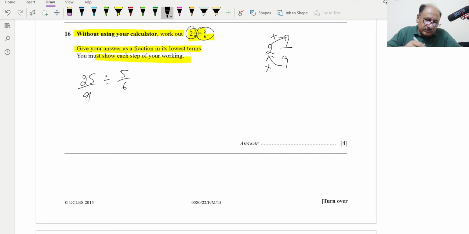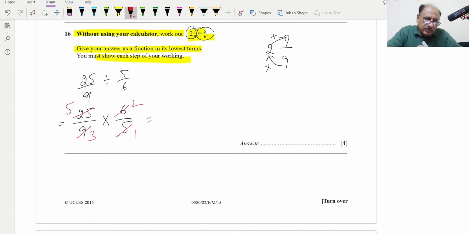And next what we can do, we can rewrite it as 25 over 9, and we will change into multiplication, and we'll write the reciprocal of 5 over 6, which is 6 over 5. And now we can cancel. For cancellation, 3 2s are 6, 3 3s are 9, 5 1s are 5, 5 5s are 25.